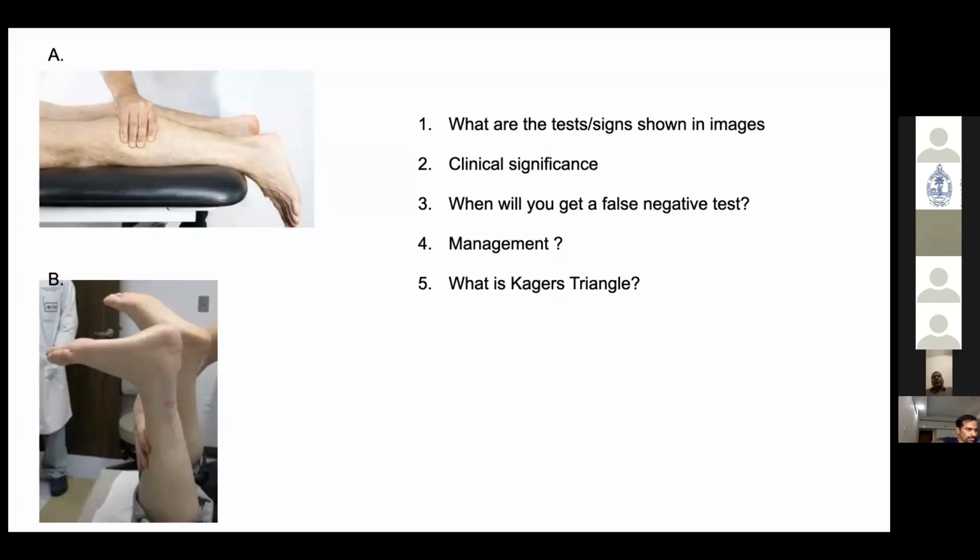Does anyone know what Kager's triangle is? It is a radiolucent area which represents the Kager fat pad. So what will happen to this Kager's triangle in case of a suspected tendon Achilles injury? The posterior border will be absent. Yes, very good. Balu, can you go to the next slide?